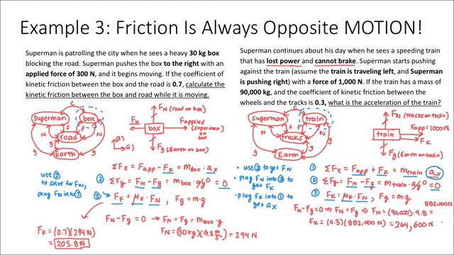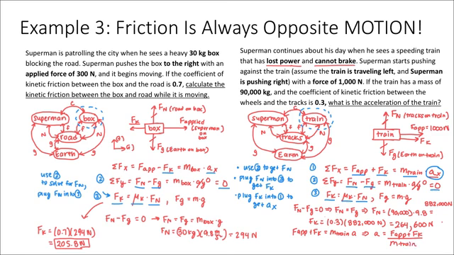Now, if I were to rearrange the first equation for a_x, I'll do it like so. If F applied plus F_k is equal to m_train times a, then that means a must be equal to the applied force plus the kinetic frictional force, divided by the mass of the train.